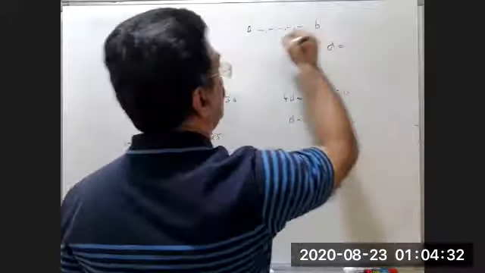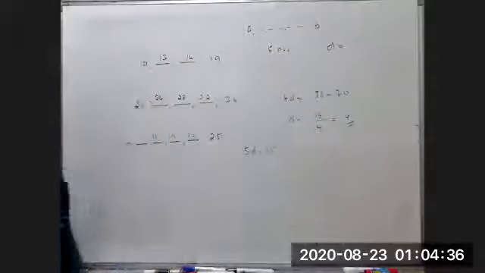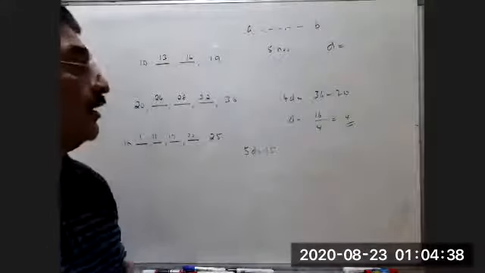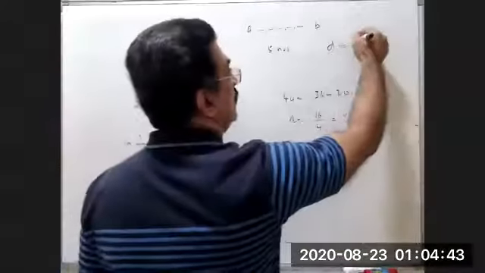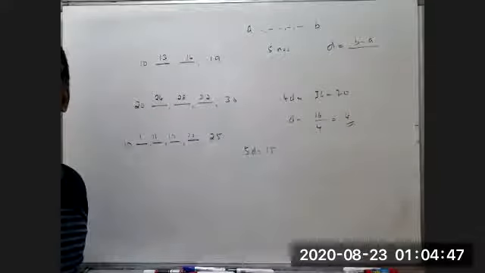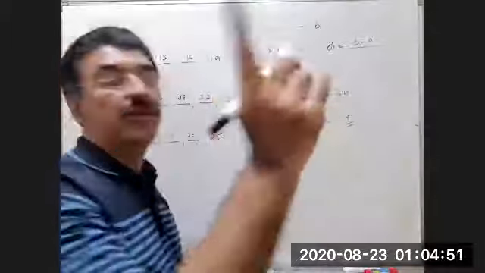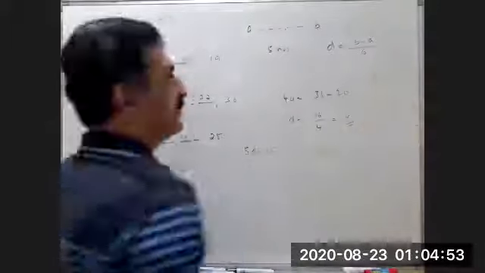I'm inserting 5 numbers. If I'm inserting 5 numbers, d will be B minus A divided by what? Divided by 6. Correct. 6.